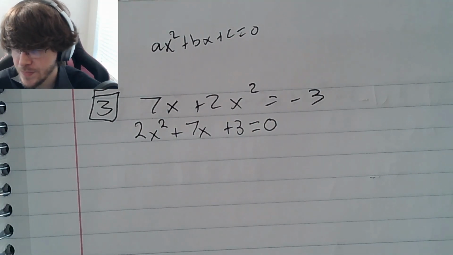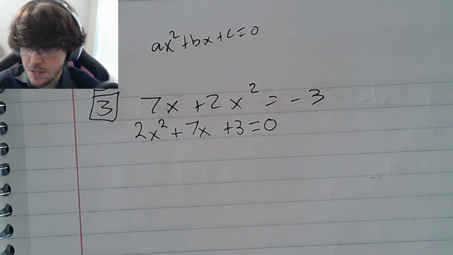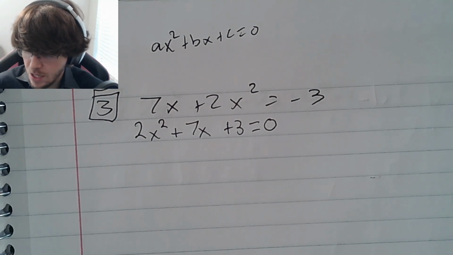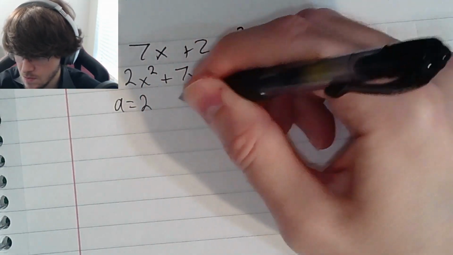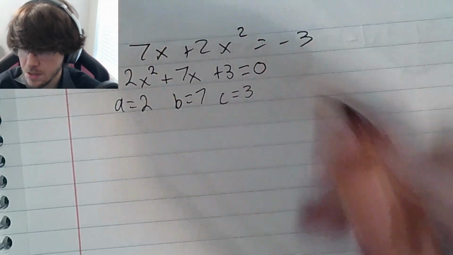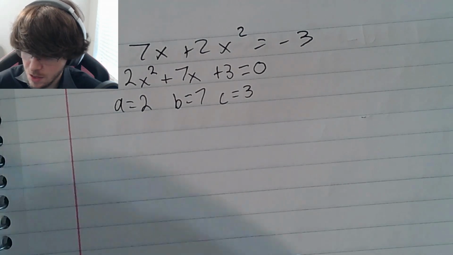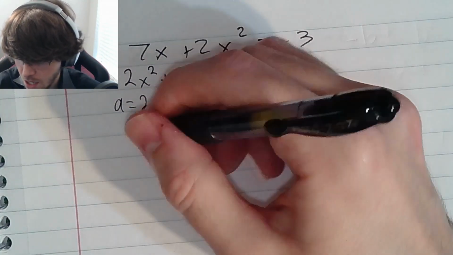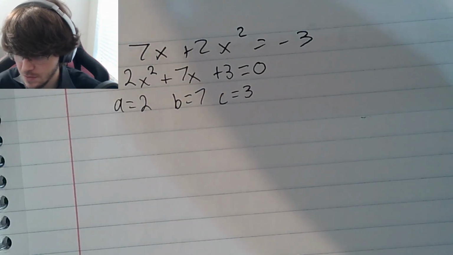All right, so let's continue on. We need to write down what A, B, and C are. So we have A is equal to 2, B is equal to 7, and C is equal to 3. And we just got to start plugging it in. So we have x equals. You don't have to write x equals in front of everything if you don't really want to.